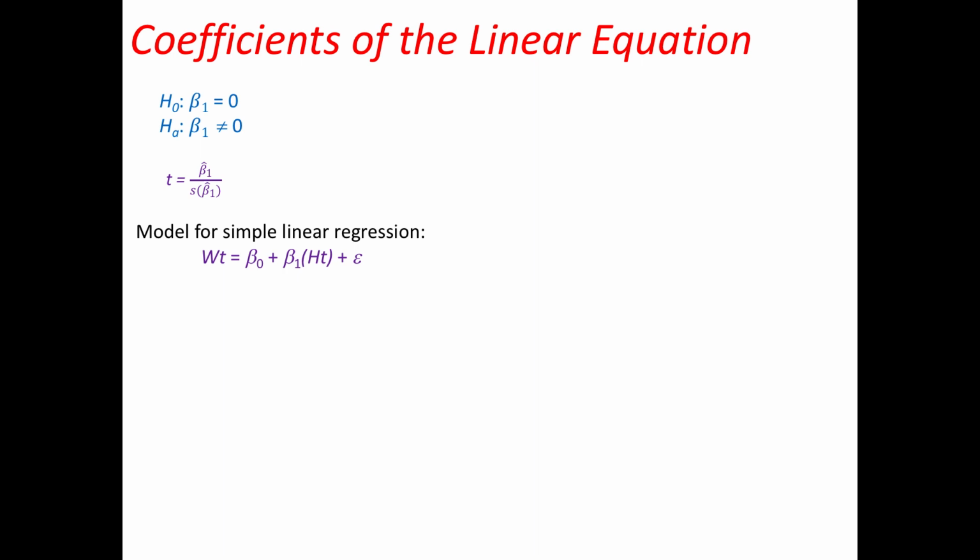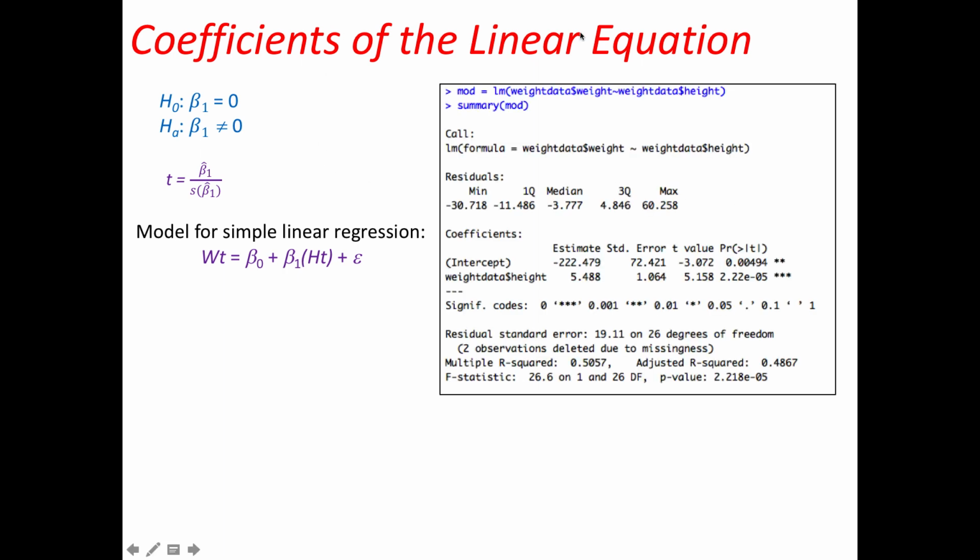If we look again at the output for our linear model, we see that the t-value for the test statistic for the coefficient is 5.16, and that the p-value is less than 0.001. Since the p-value is very small, we can reject the null hypothesis and conclude that height is a statistically significant linear predictor of weight for any reasonable alpha value.